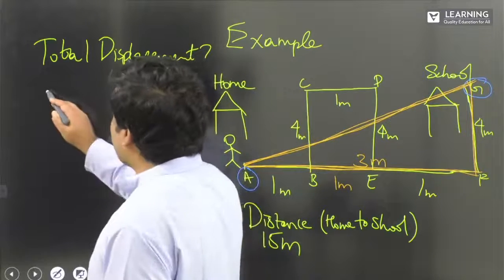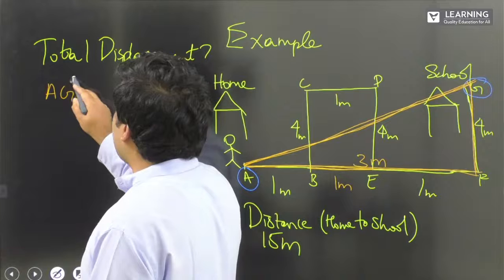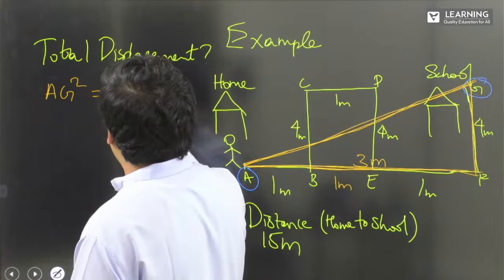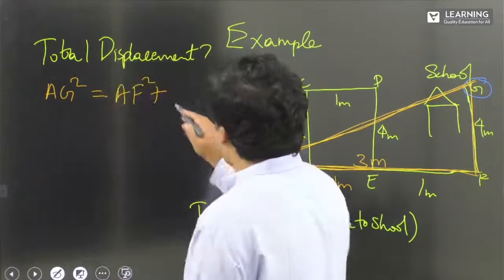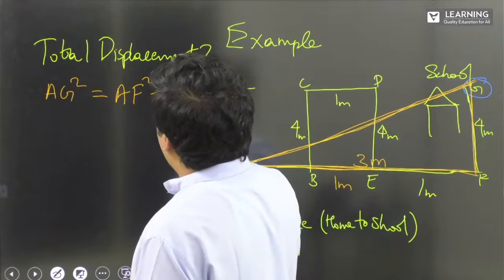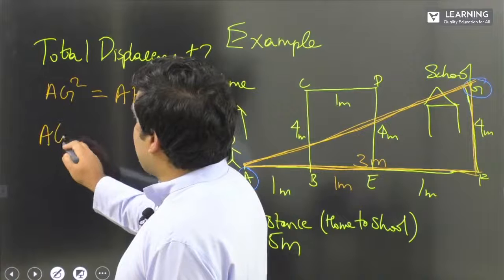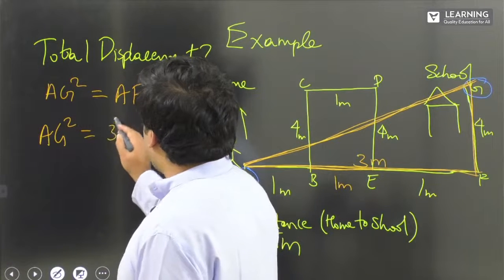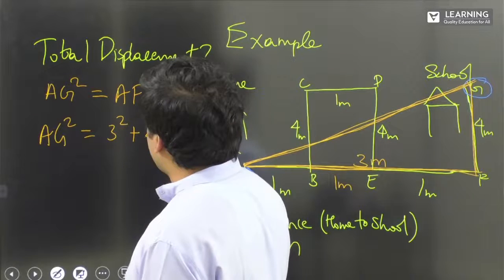Pythagoras theorem states that in this case AG square equals AF square plus GF square. So AG square, which is the shortest distance between the two, AF square is 3 square plus GF square is 4 square.